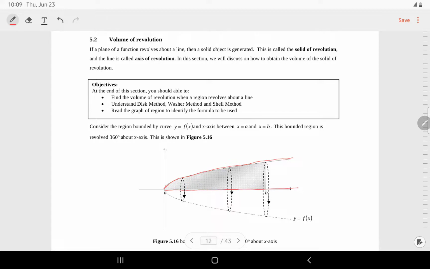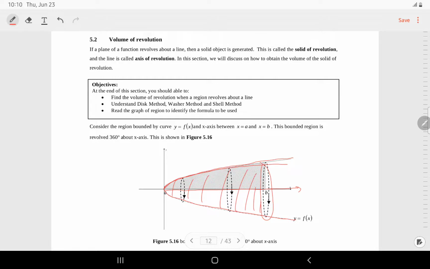Revolve tu maksudnya kita pusingkan dia, about x-axis. Paksi pusingan dia adalah dekat x-axis. So this curve kita pusingkan dia, so it will become a solid. Dia bila pusing dia akan jadi solid macam ni lah. Bentuk lebih kurang macam bentuk cone.